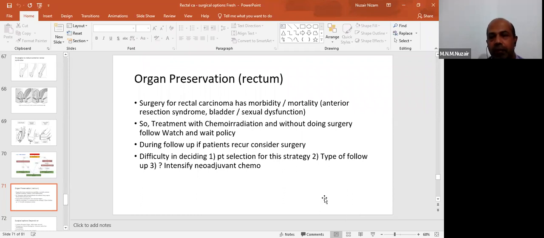If the tumor has completely disappeared on MRI or EUS or even endoscopy, they follow a watch and wait policy. Rather than operating on them, they follow up and see what happens. If the tumor recurs, they bring the patient back and then operate. But this is not performed by all the units though. There are some difficulties, like whom we are going to follow up.